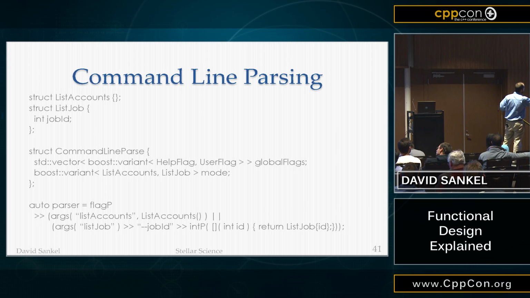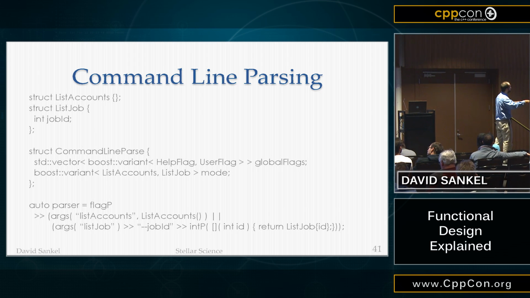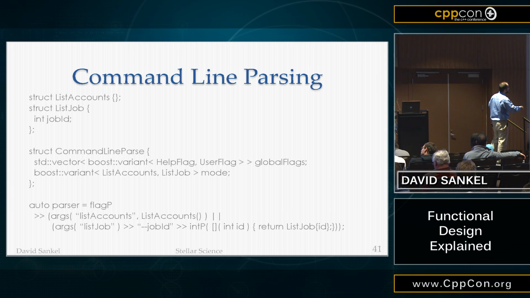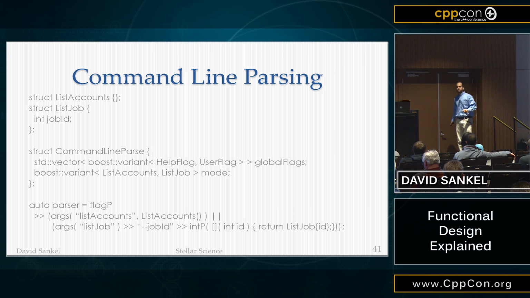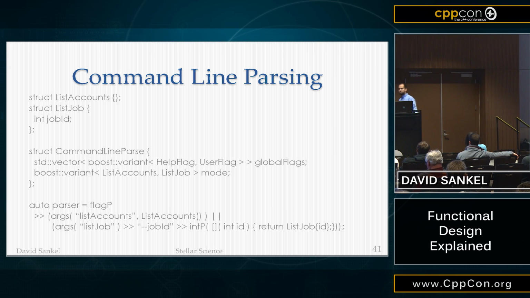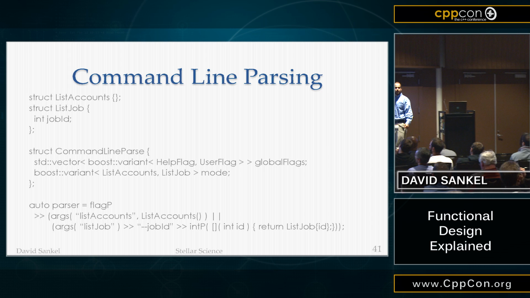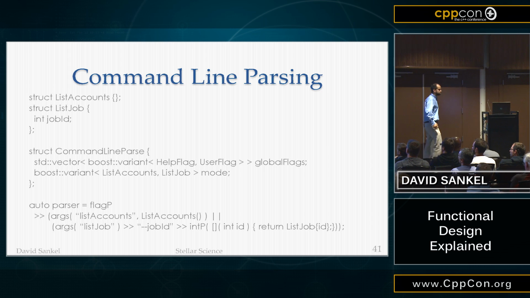And then you have a variant, which is either the list accounts mode or the list job mode. We take the parser we defined on the previous slide, and that should be followed by one of these two. So we use the or here to say either this argument or this argument. And it just works. Extremely powerful. There's not much you can't do with it. That's what we're going for.